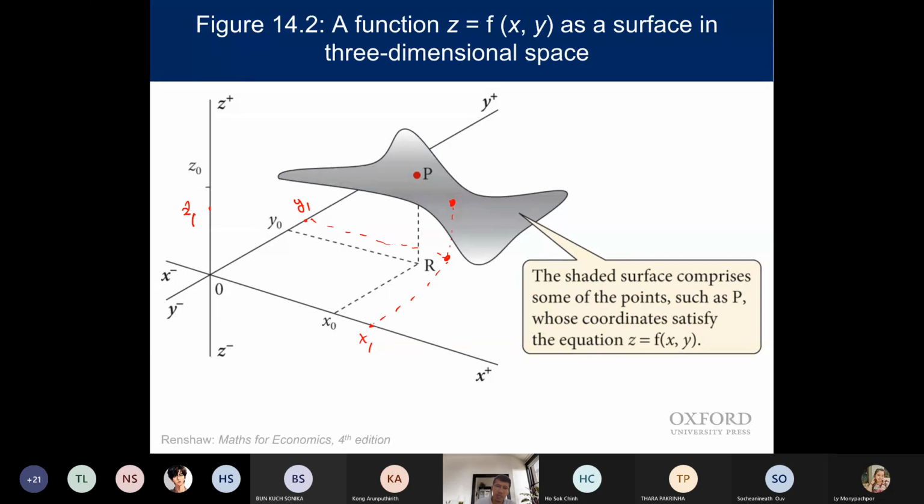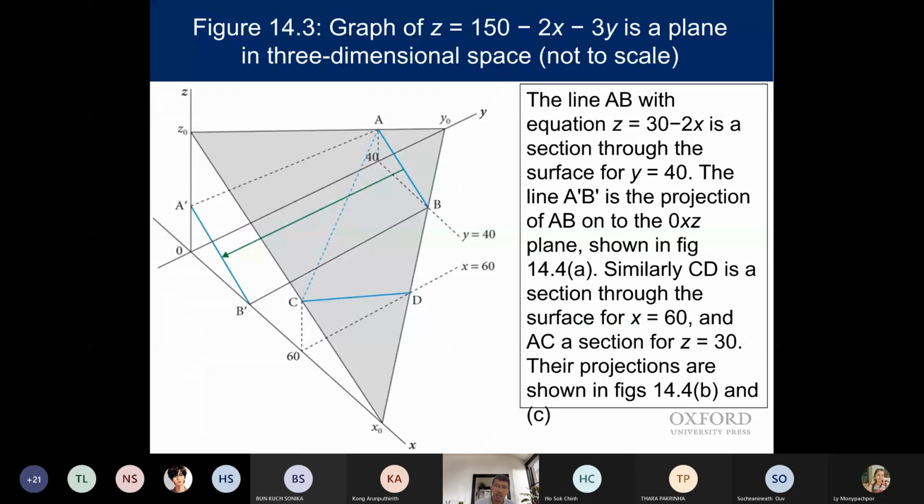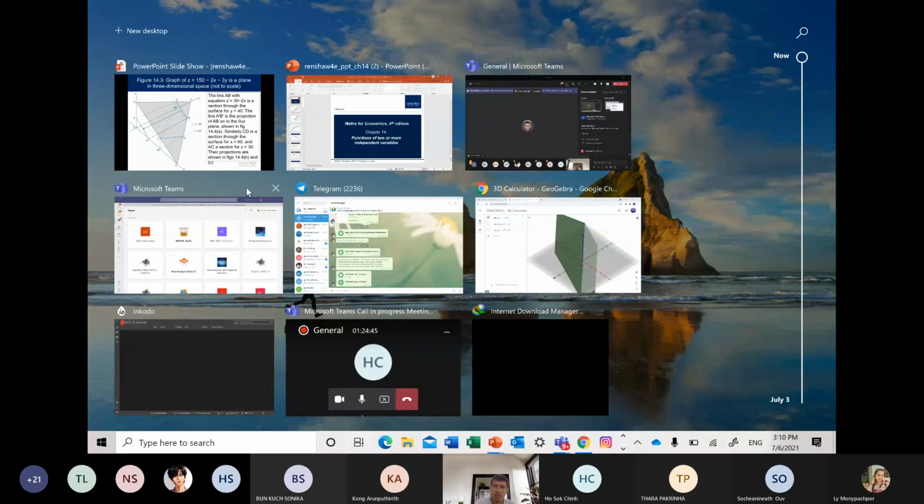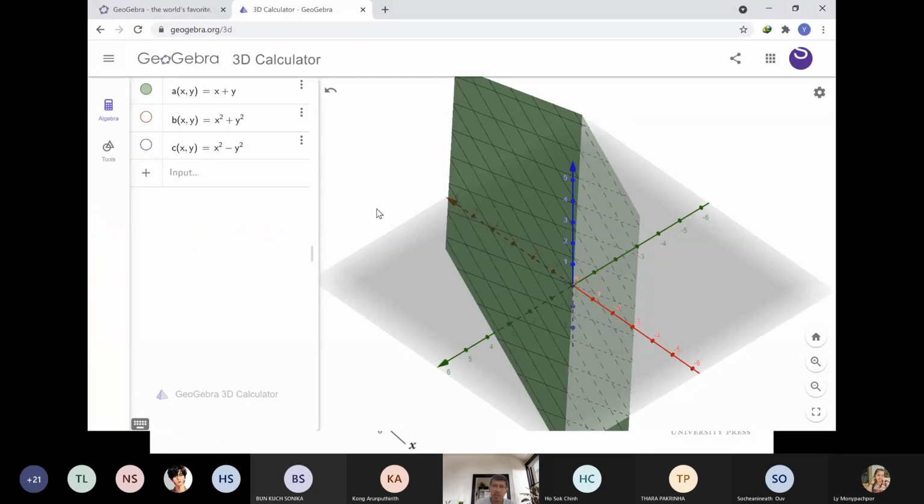So let me try to illustrate this using the software that I have prepared in advance. Okay, so for example, you may come up with a function of x and y, let's say z equal to x plus y. So what is the shape of the function?